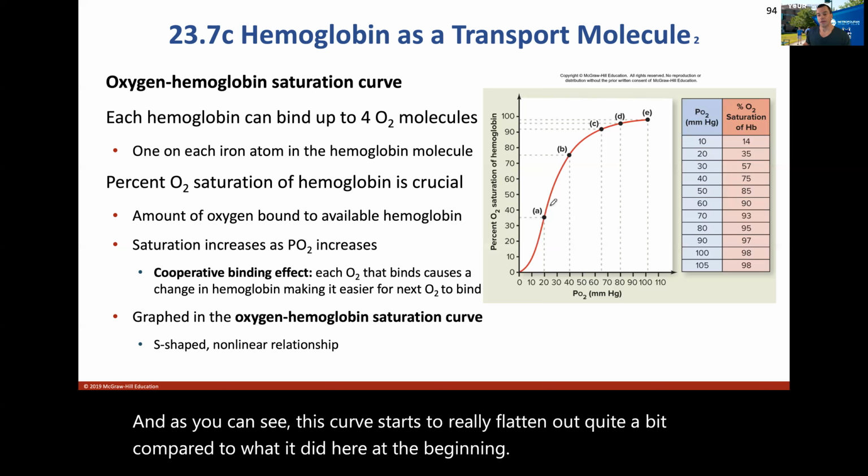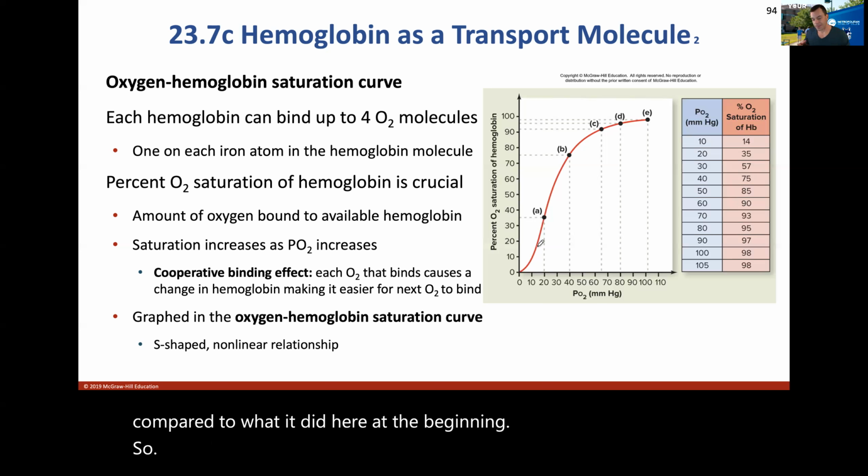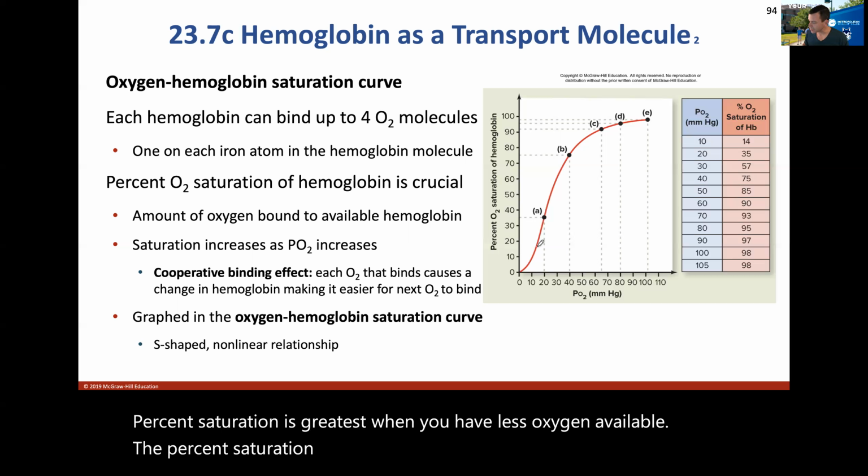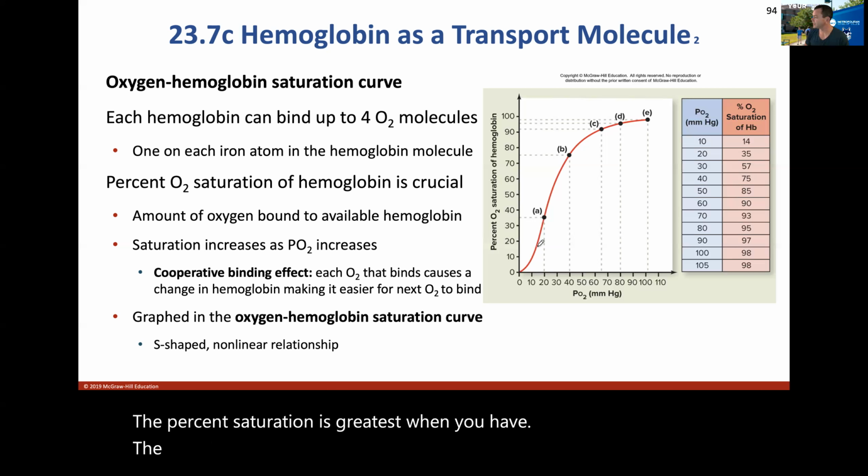So the percent saturation is greatest when you have less oxygen available. The percent saturation is greatest when you have the smallest amount of partial pressure of oxygen available.